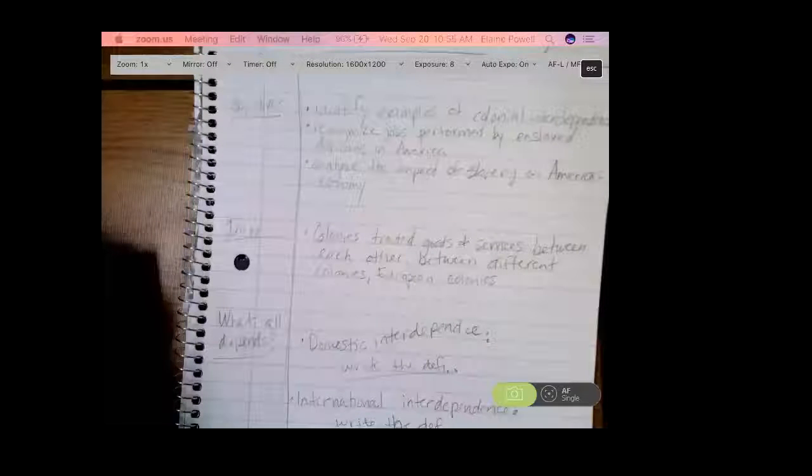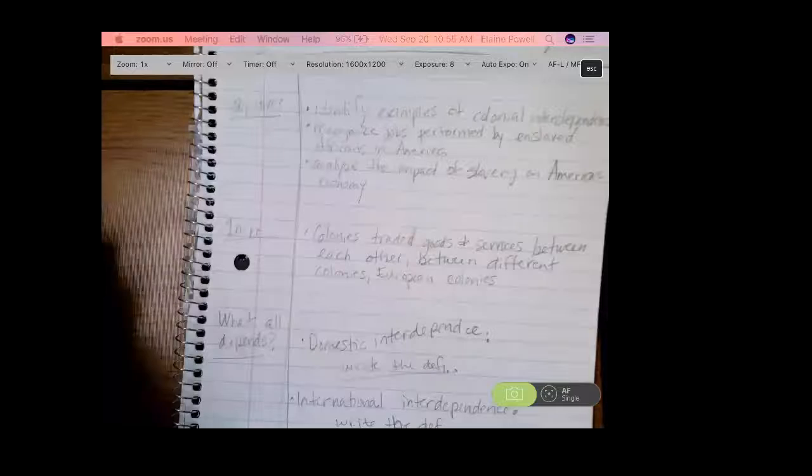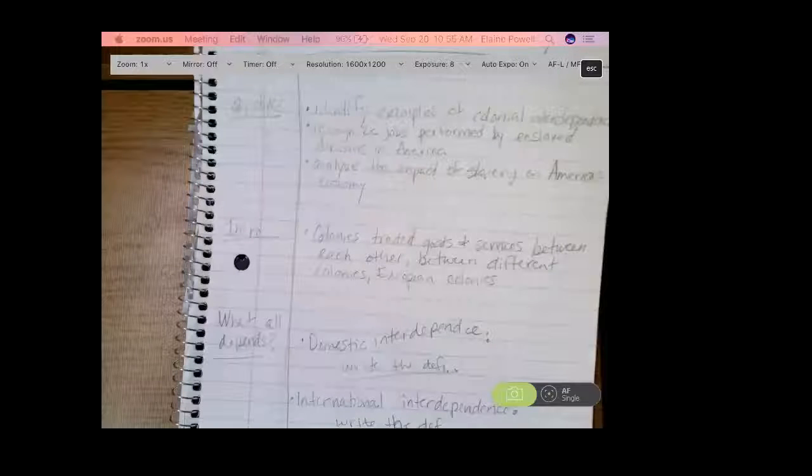But before we close up, let's walk through quickly what the steps would be for the next section. So we did It All Depends. The next section is called Slave Trade. How do we turn it?